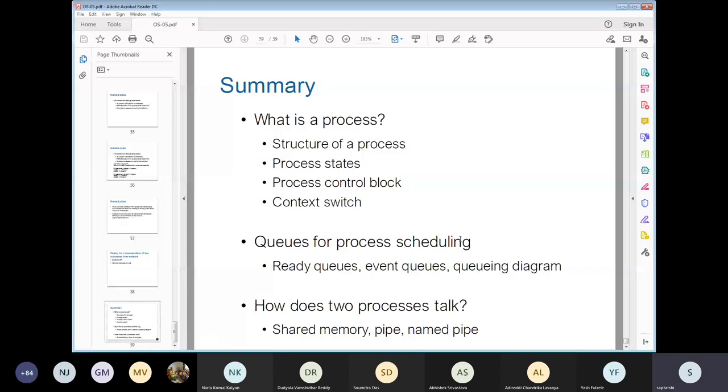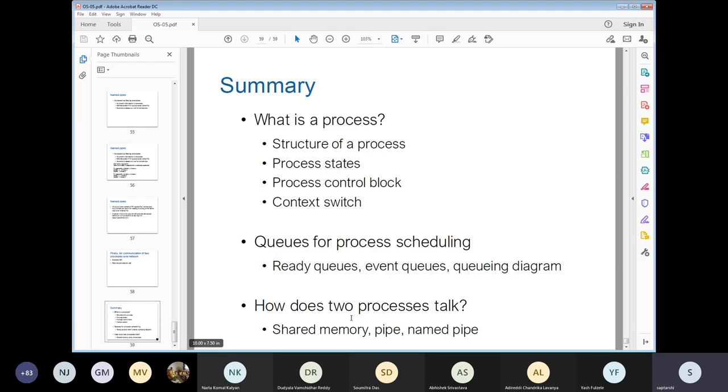Then we discussed queues for process scheduling. There are different queues like the ready queue and event queues, and we discussed a queuing diagram. A process state transition diagram we also discussed. Both of these can be used to understand how a process changes from one state to another, or how the PCB of the process is moved from one queue to another during the lifetime of a process.